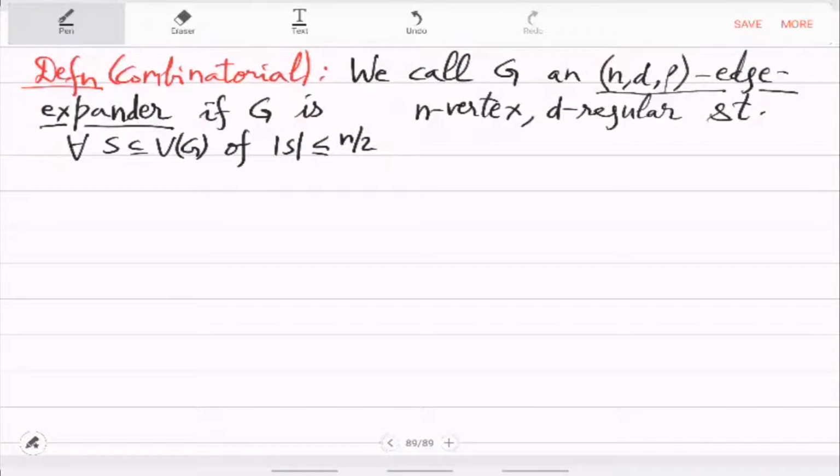So say you take half the vertices as S, then count how many edges are going out. Right? That's the connectivity information, or a way to measure connectedness in the graph. So the edges that are going out of S to S complement is large.